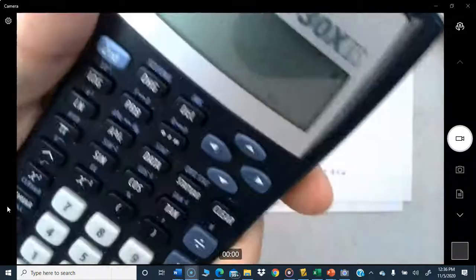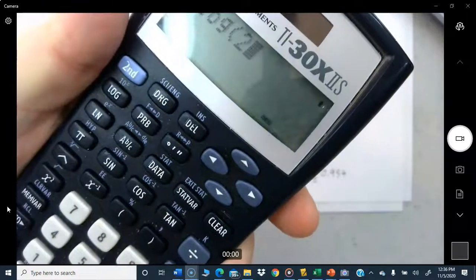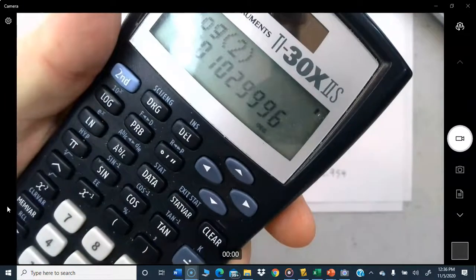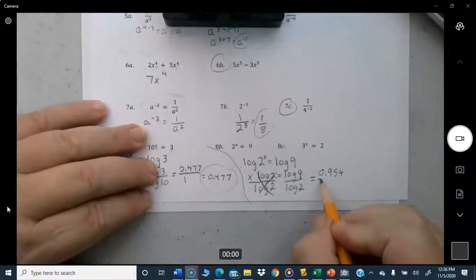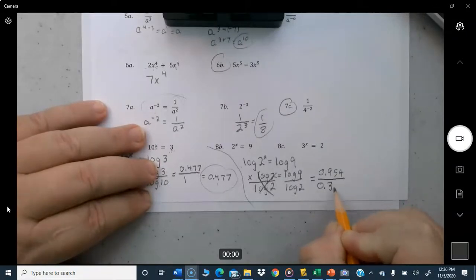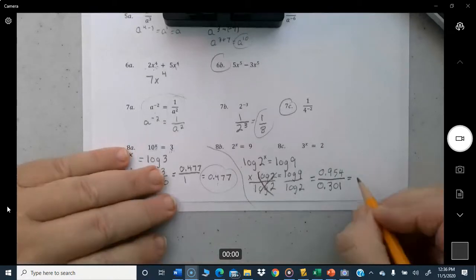And log of 2, close the parenthesis, gives you 0.301. Now I go ahead and divide those, and that gives us 3.16.